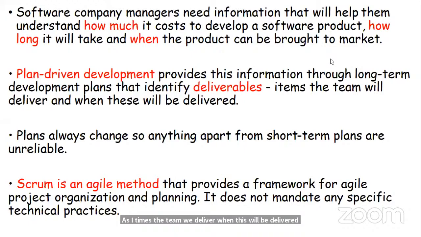Now, plans always change, so anything apart from short-term plans is unreliable. Scrum is another agile method that provides a framework for agile project organization and planning. It does not mandate any specific technical practices.